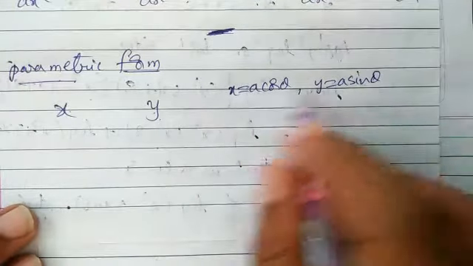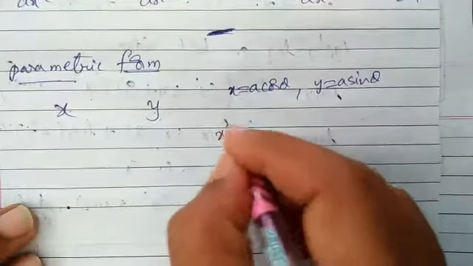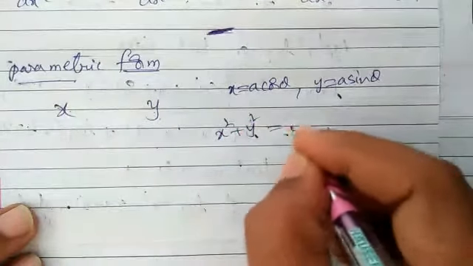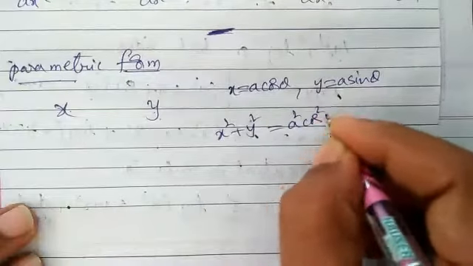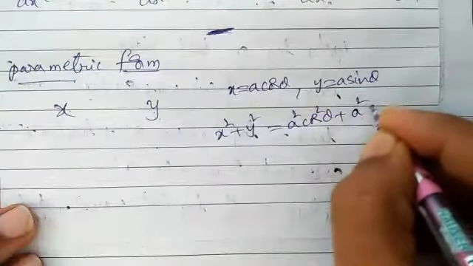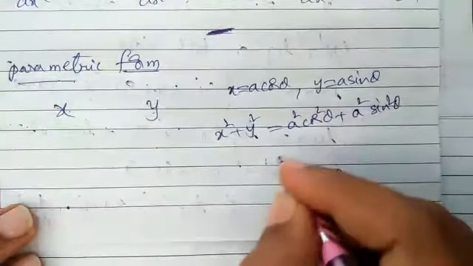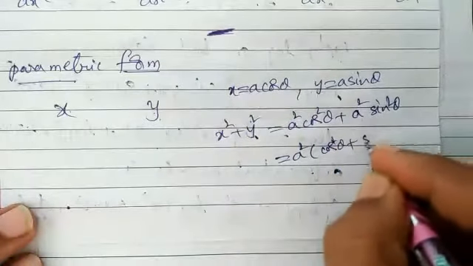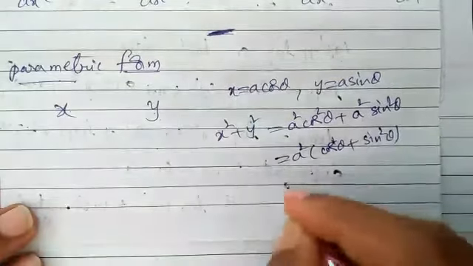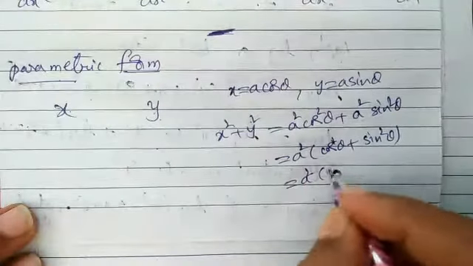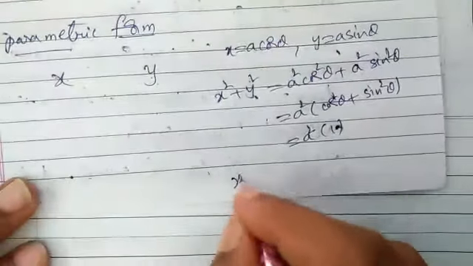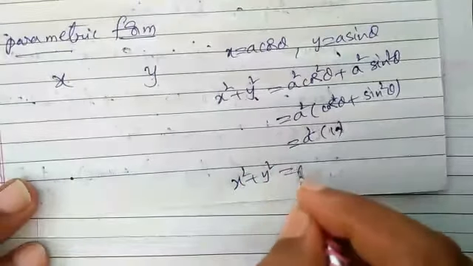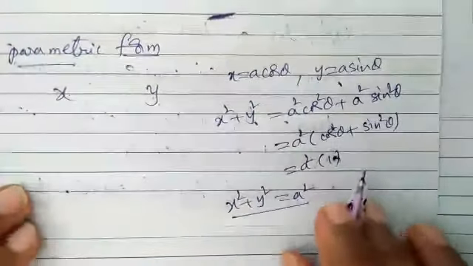So suppose you consider x square plus y square, what do you get? a square cos square theta plus a square sin square theta. Take a square common: cos square theta plus sin square theta, that is a square into 1. Finally x square plus y square is equal to a square. This is the equation of a circle.